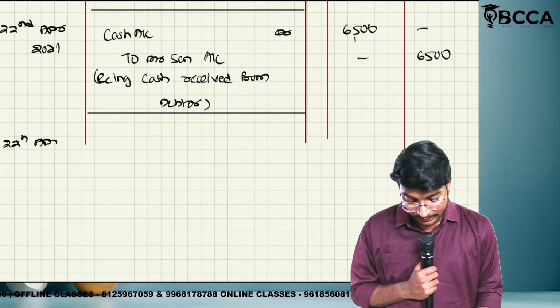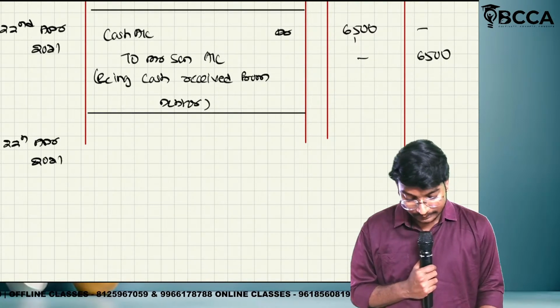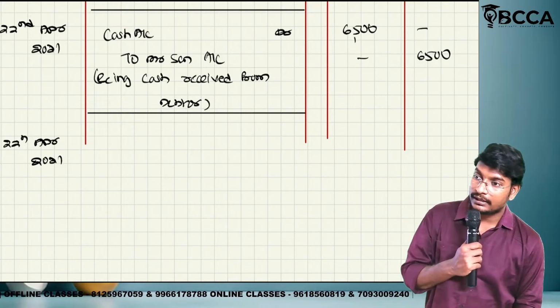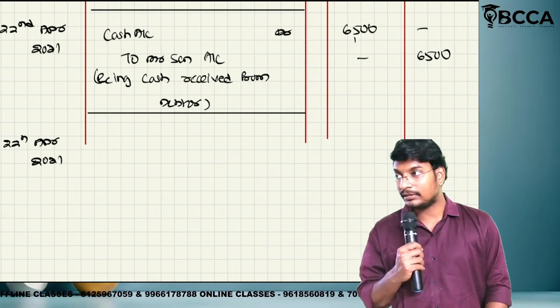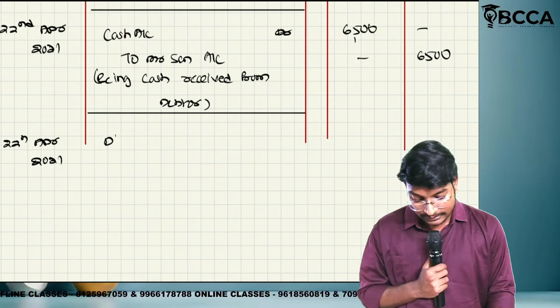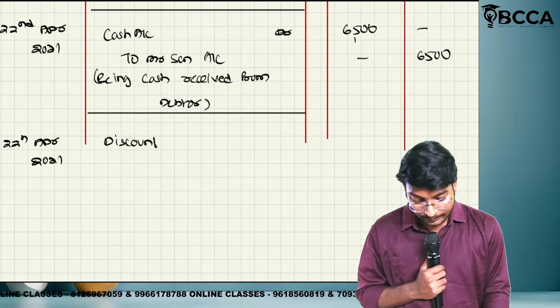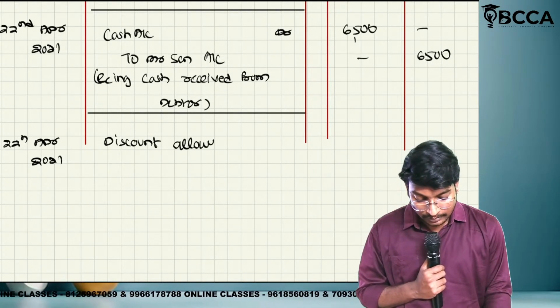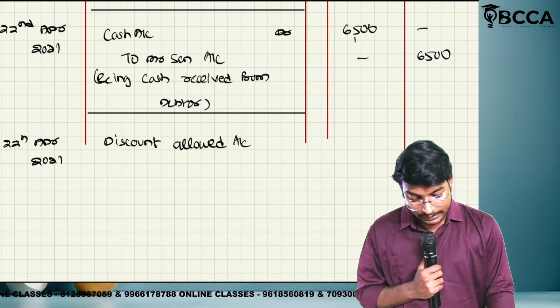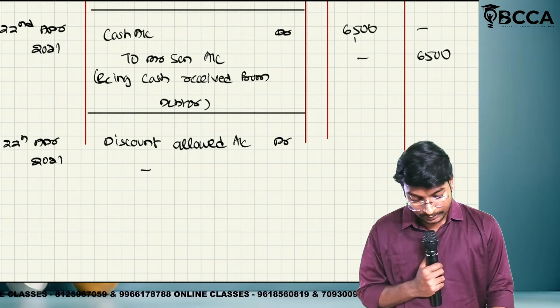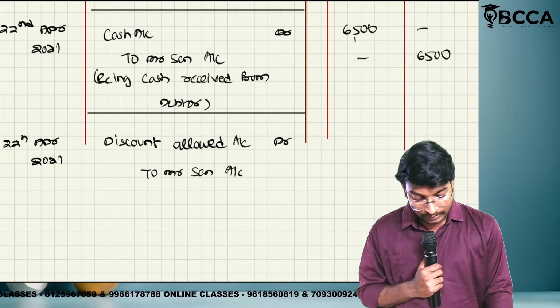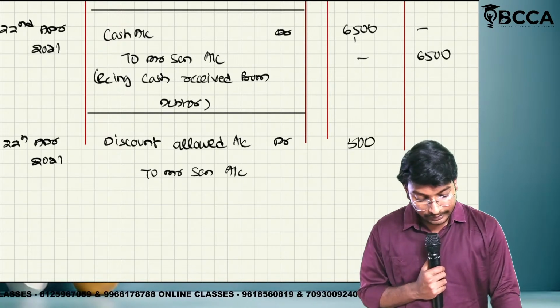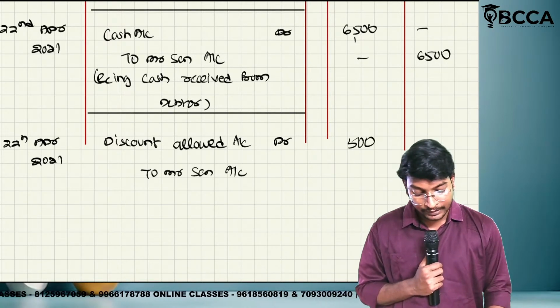So on the same date, what is the other entry? 22nd April 2021. Either we can write a compound entry or individual entries. Now what are the two outcomes? Discount allowed and Sen. So discount allowed account debit to Mr. Sen account. What is the balance? 500. How did we get the 500?